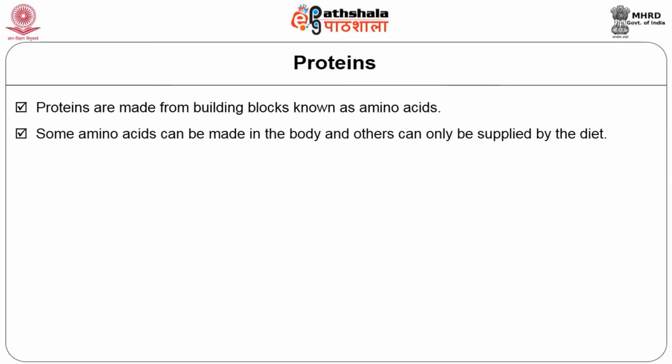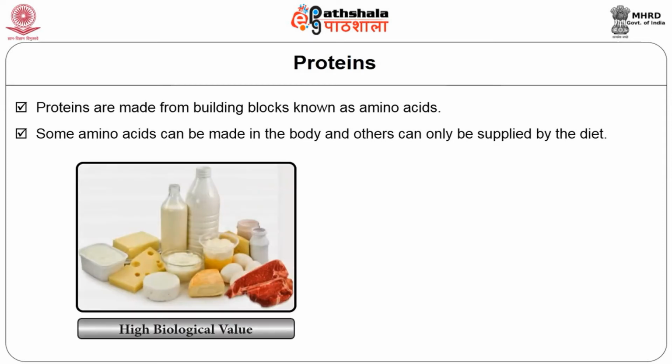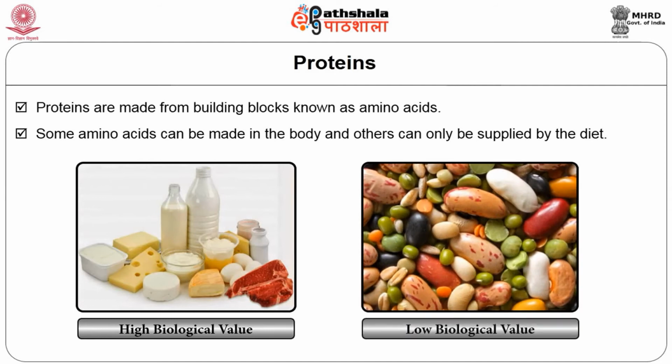Those which contain all the essential amino acids are known as high biological value foods. Example, milk and dairy foods, meat, eggs, etc. Those which contain fewer of the essential amino acids are known as low biological value foods. Example, cereals, beans, lentils and nuts.